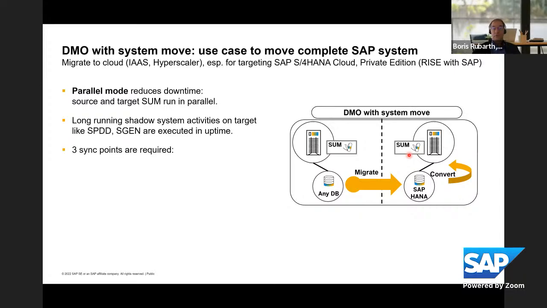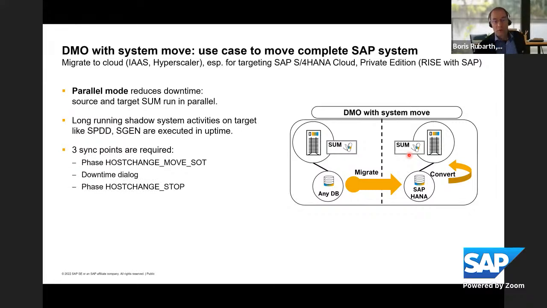There are 3 sync points where you will have to copy the SUM directory to the target as an initial step. The phase host change move SOT tells you to do this. Then there is the downtime dialog in the source where you do another copy, and then there is another phase specific for DMO system move called host change stop. Also, this dialog tells you now that's the final point where you synchronize the data.